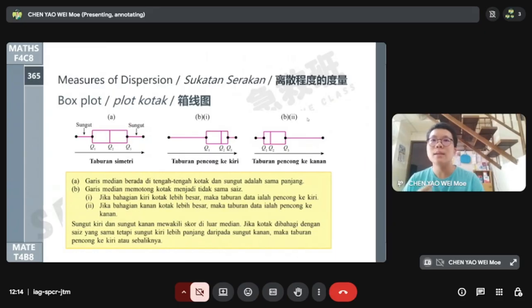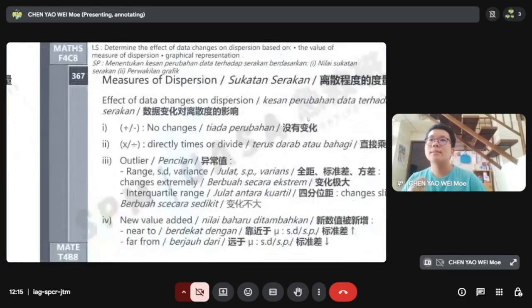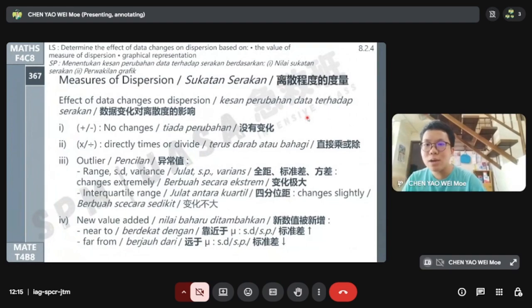Okay, remember. And anything, if the value of the data suddenly changes, what is the effect? Change on the dispersion. If all the values are plus one value, for example, all the values I put here, 4, 5, 6, 7, 8, 9, I plus with 2, what will happen?